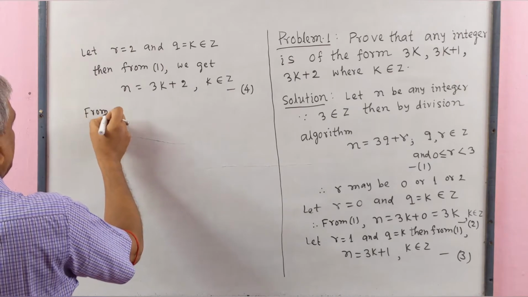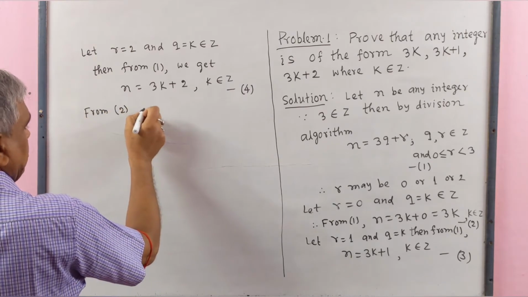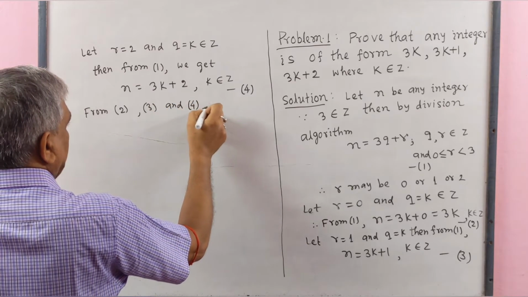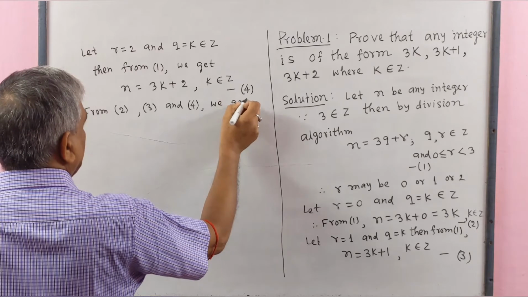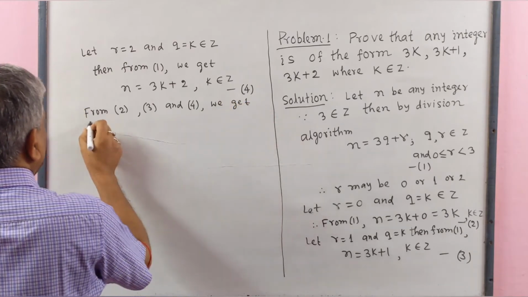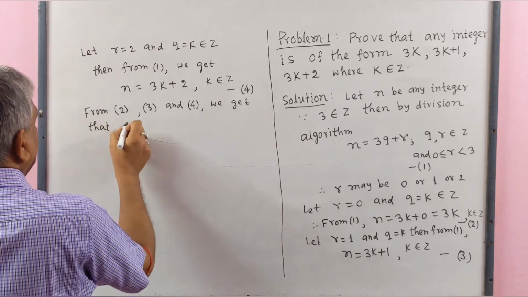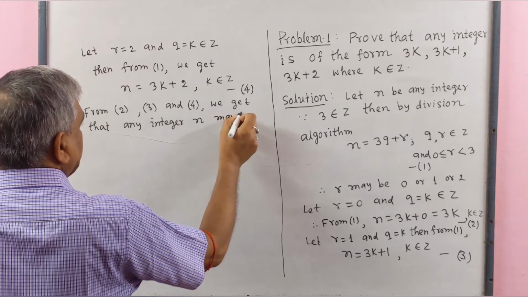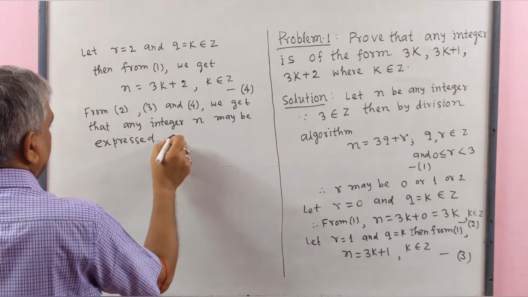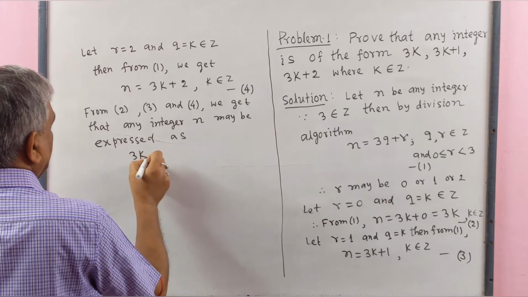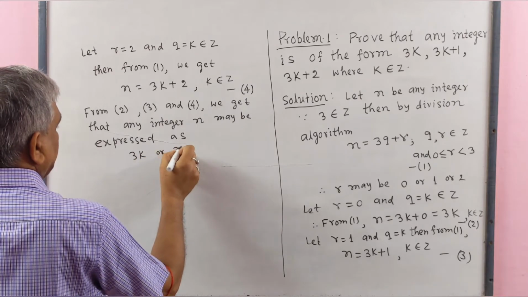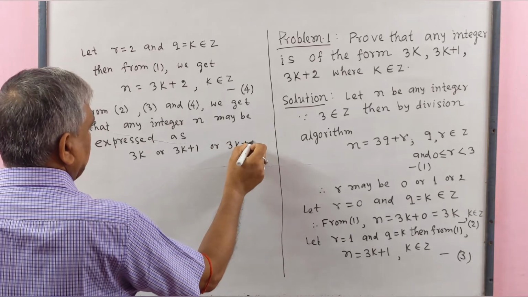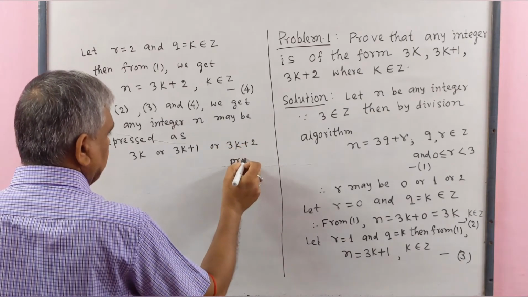From 2, 3 and 4 we get that any integer n may be expressed as 3k or 3k plus 1 or 3k plus 2. Proved.